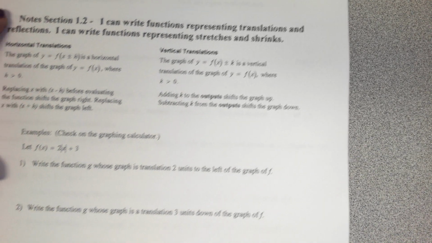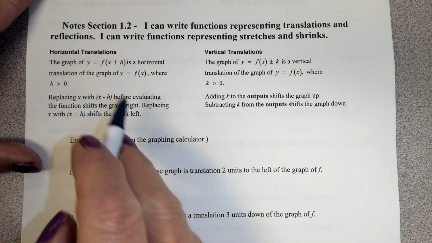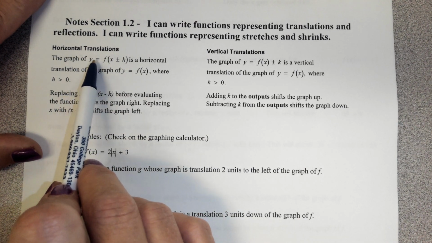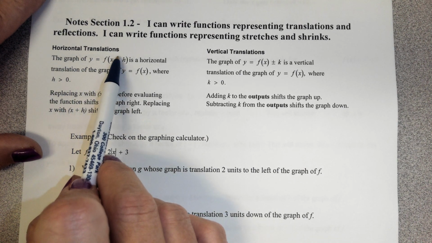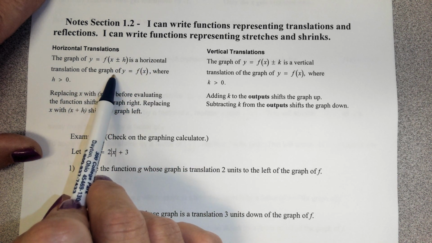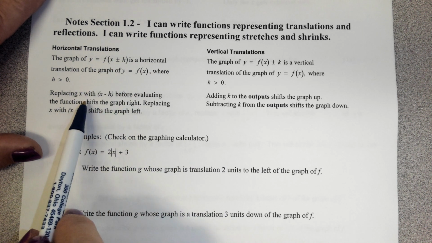All right, we're just going to do a few more now, section 1.2. So now they're going to tell us what actually happens. So if we have y equals f of x plus or minus h, this is going to be a horizontal translation. This is going to shift us either right or left.